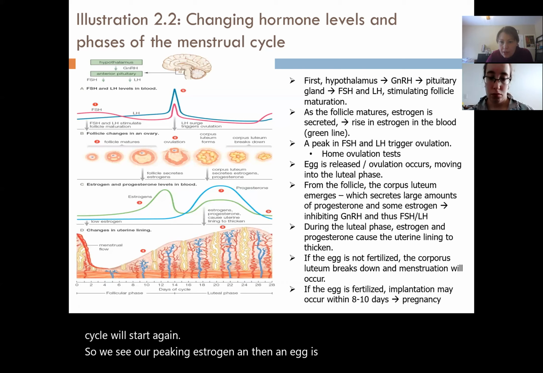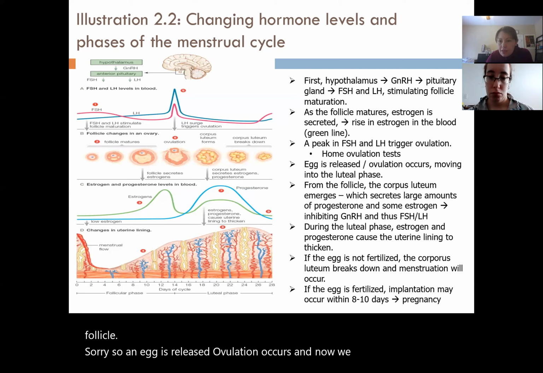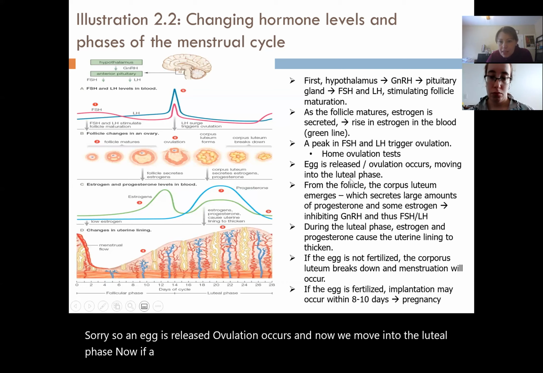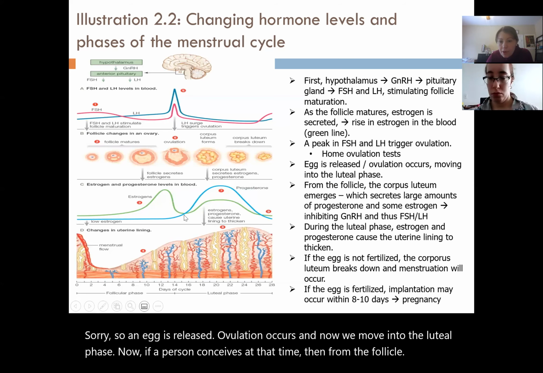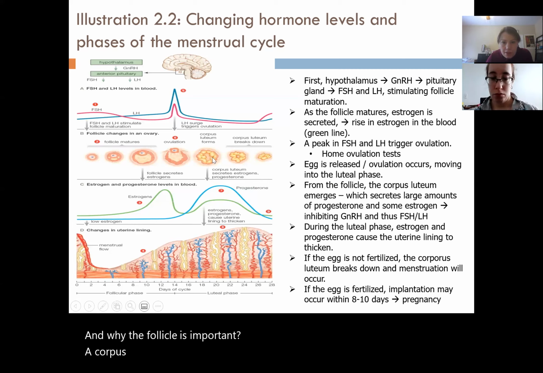So an egg is released from the follicle, ovulation occurs, and now we move into the luteal phase. Now, if a person conceives at that time, then from the follicle, and this is why the follicle is important, a corpus luteum will emerge, which is shown right here.